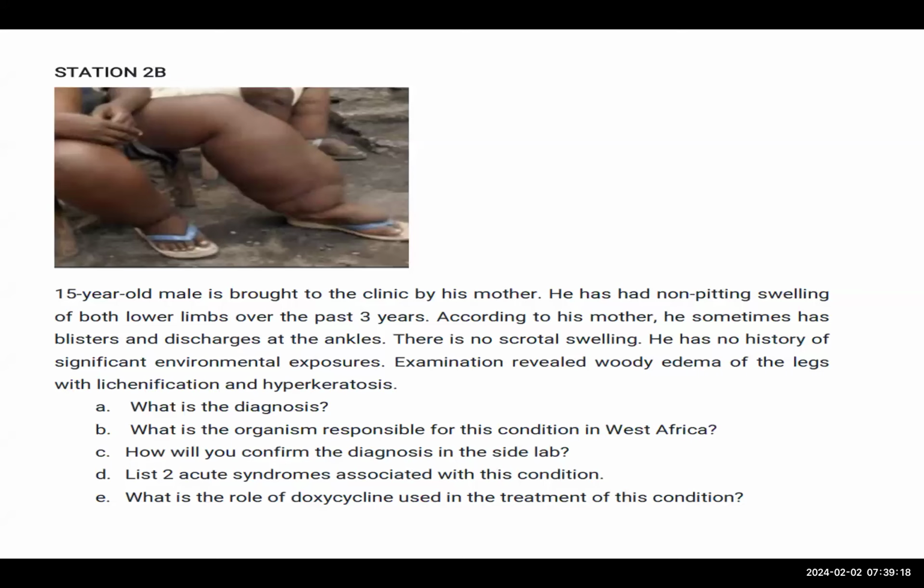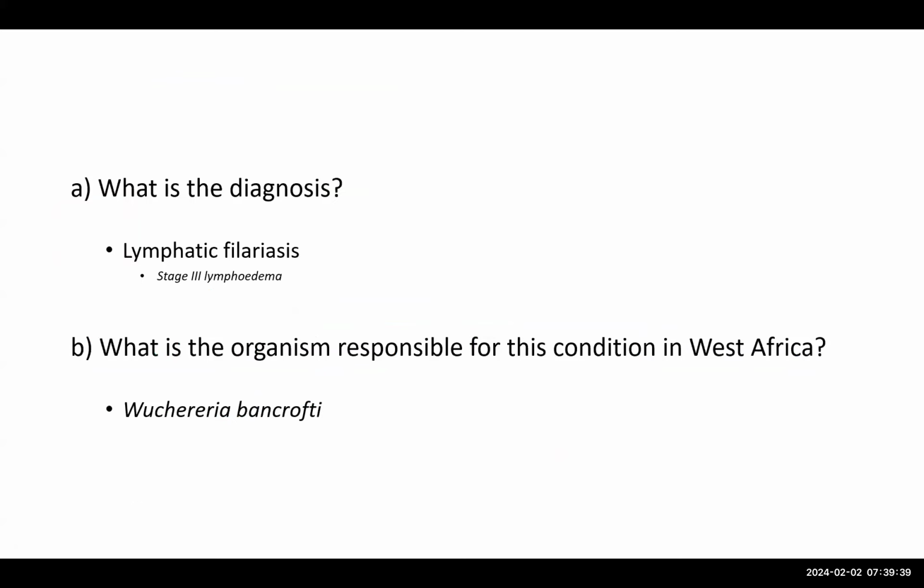Looking at the scenario with the picture and the details given, and even the questions, we're told he's a 15-year-old with bilateral edema, but it's asymmetrical. And we're told he has woody edema of the legs with lichenification and hyperkeratosis. So this fits most with lymphatic filariasis.